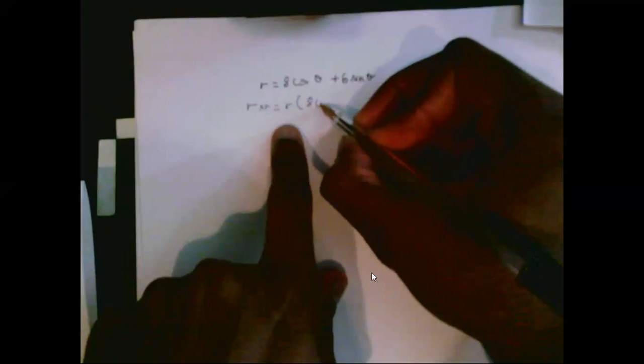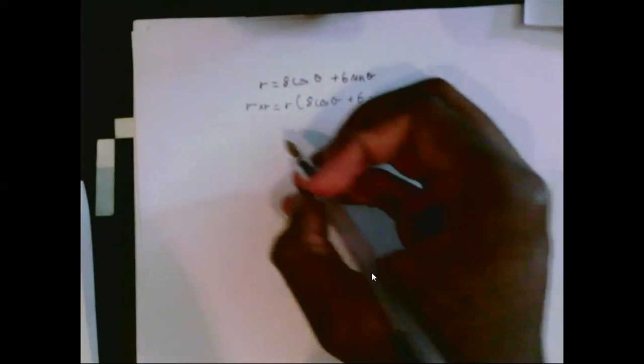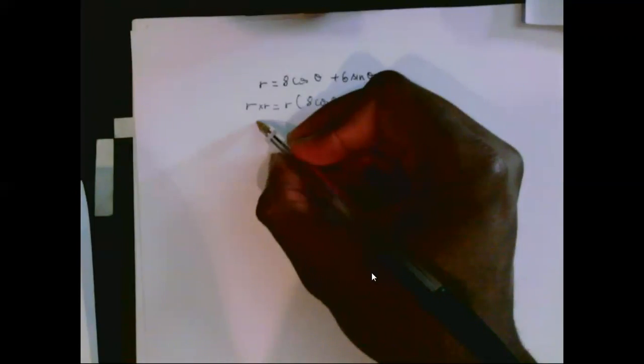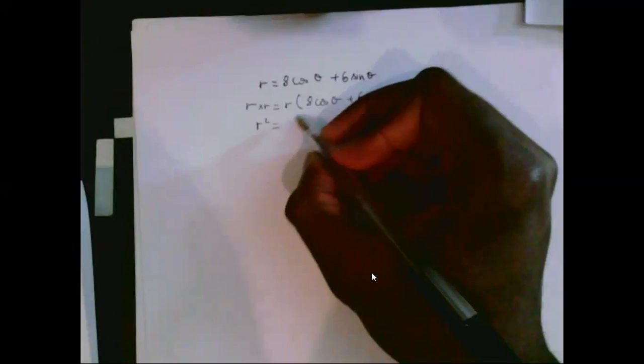So I multiply both sides by r, so that I will be able to manipulate my expression and convert it in terms of x and y. So r times r is r squared, r times 8 cosine theta is 8r cosine theta, and distributing the r, plus 6r sine theta.